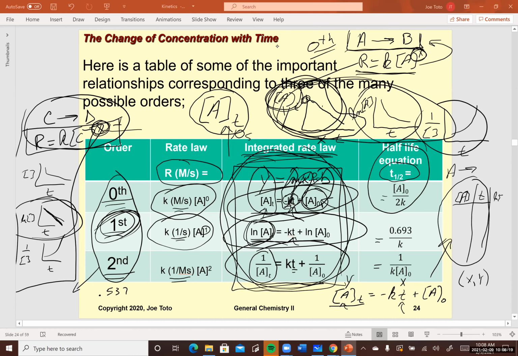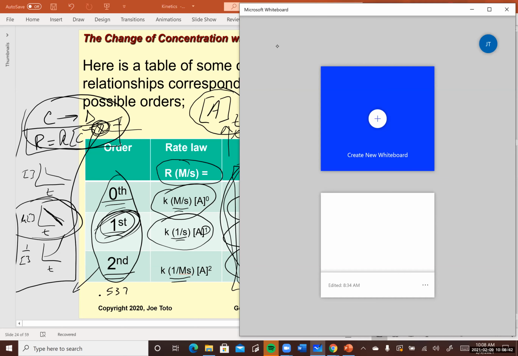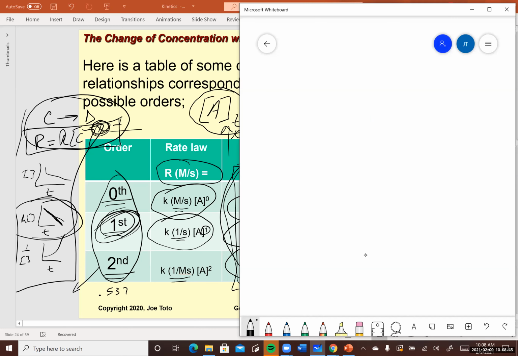Okay, so I'm going to cut that concentration in half. So this infinite point function folds into one point. What I should have done was put it on a new piece of paper. Okay, so sorry, let's go back to that equation. A equals minus KT plus A0.